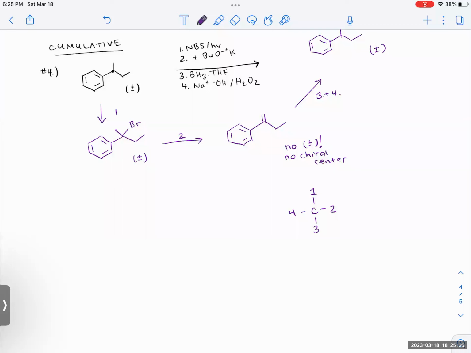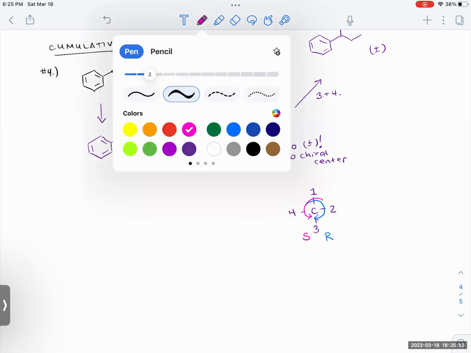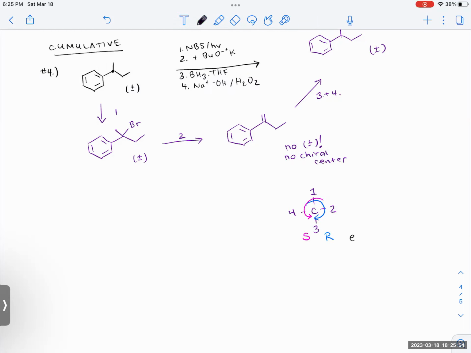But the idea is that if you have one enantiomer, once you label priority, it could either go this direction, which is R, or this direction, which is S. And these are your enantiomers.